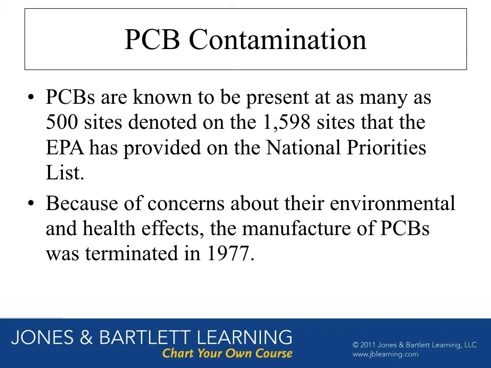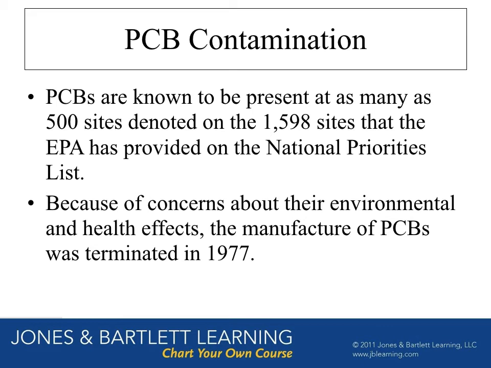We talked about the National Priorities List back in the heavy metals discussion. This is the EPA's list of hazardous waste sites around the country in the U.S. that they prioritize to deal with, and the list of contaminants. And if you remember back to that list, PCBs were on as many as 500 of the 1,500 sites.